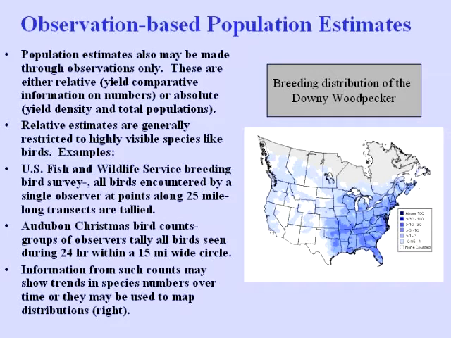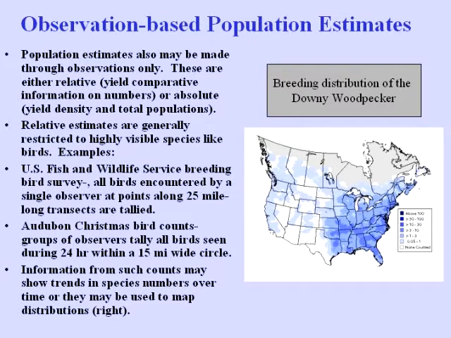Relative kinds of methods involve going out and counting individuals but not being able to use the data that's gathered to actually estimate actual densities or population sizes. Absolute methods do allow for that, and that's actually what I was doing with my method. I wanted to have an absolute population estimate that I could compare to my mark recapture methods.